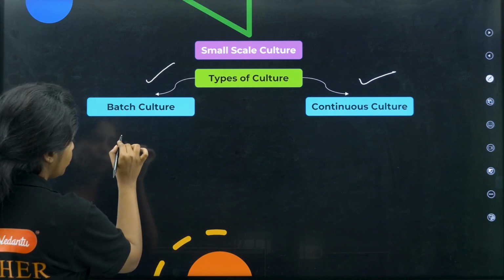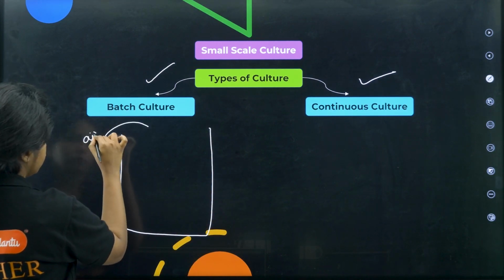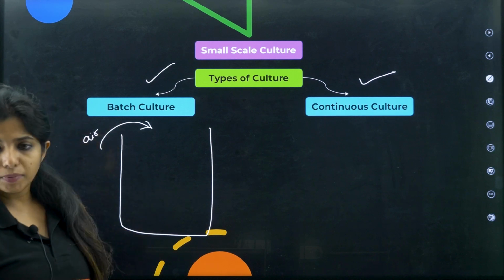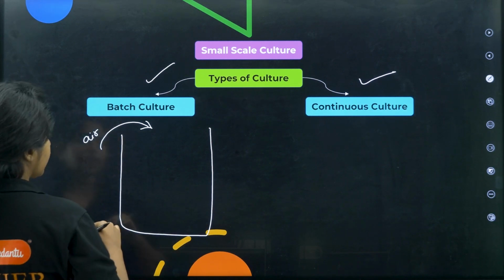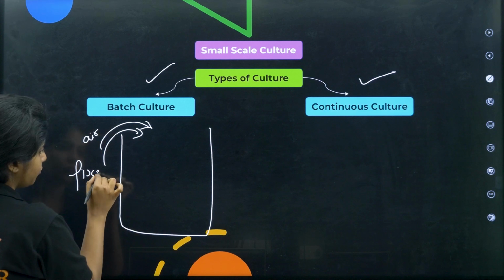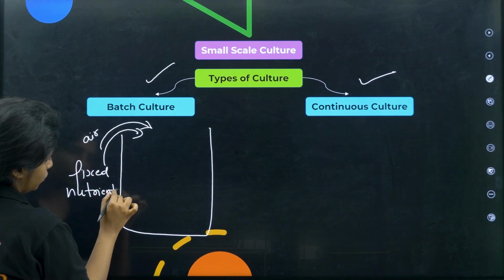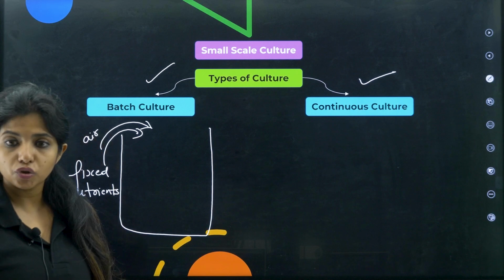In batch culture what I am doing is, I am giving air, and along with air I am giving nutrients also, but these are fixed nutrients.